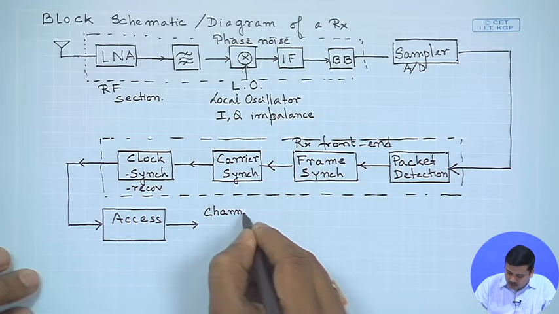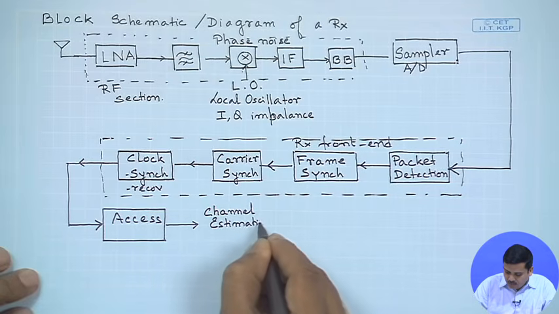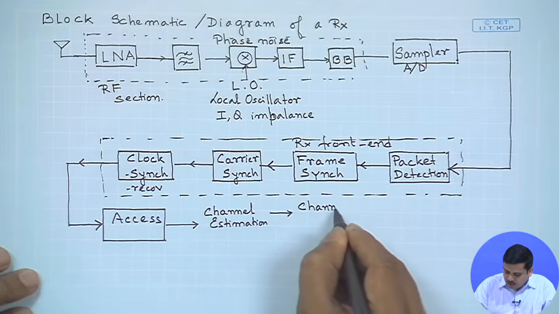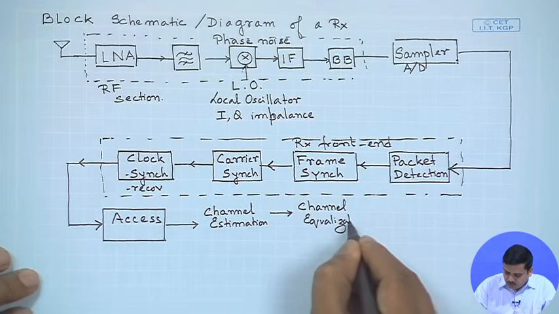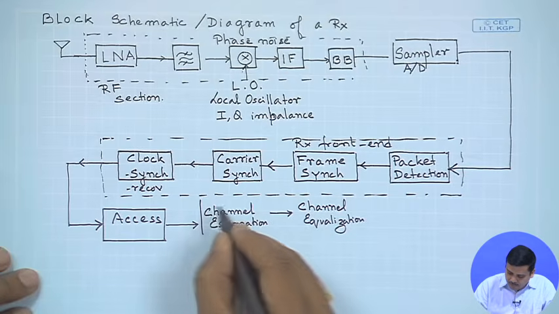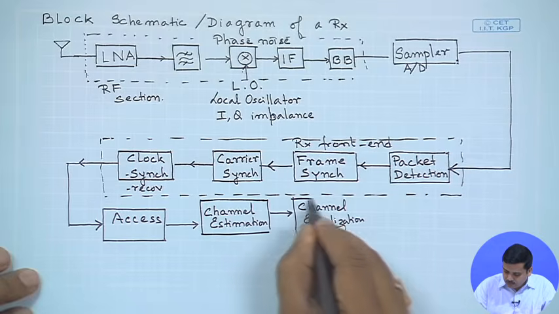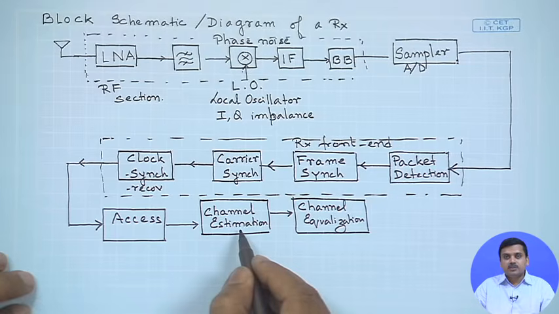channel estimation, followed by channel equalization. Why we need channel estimation? The simple reason is, we have said in the previous lecture that the channel is given, it is not something the designer does something about.